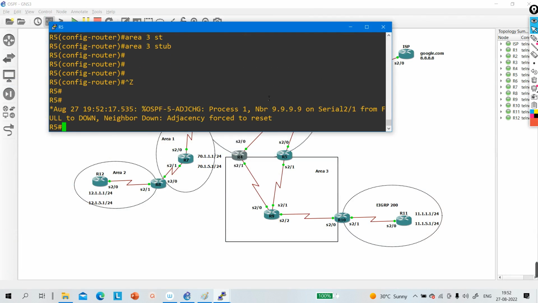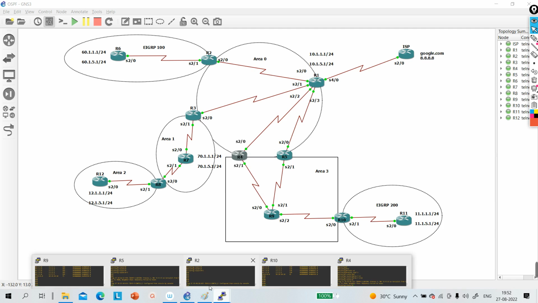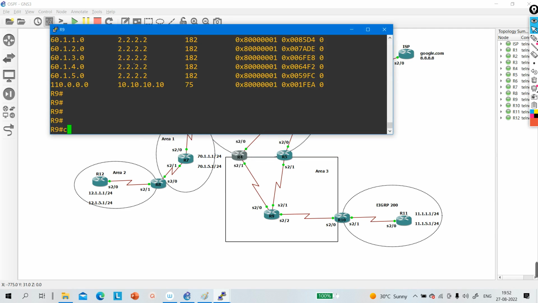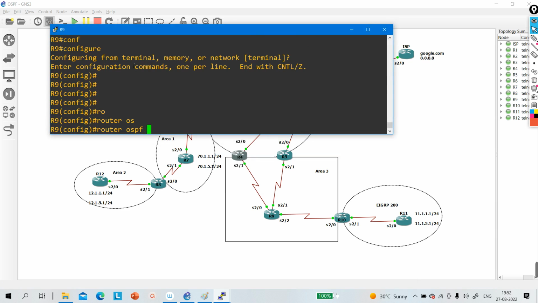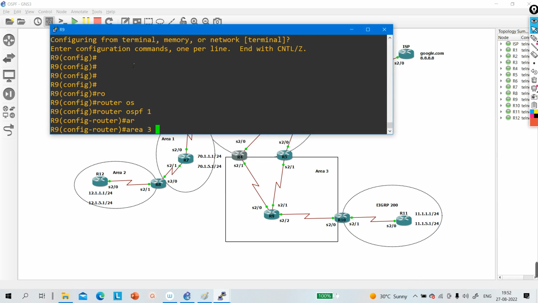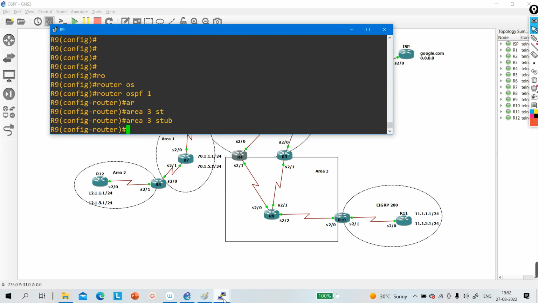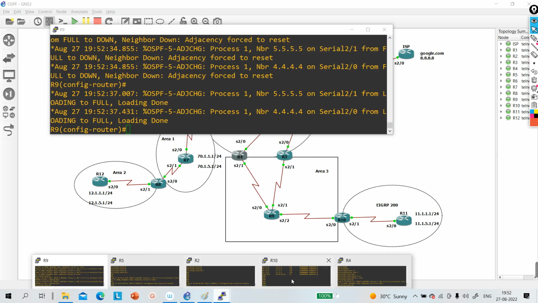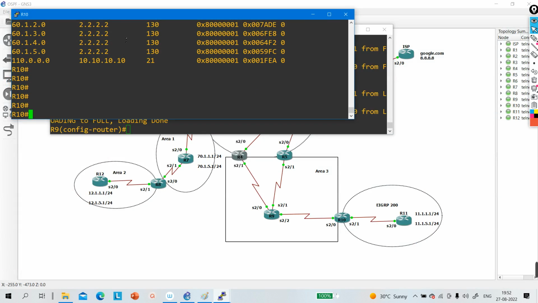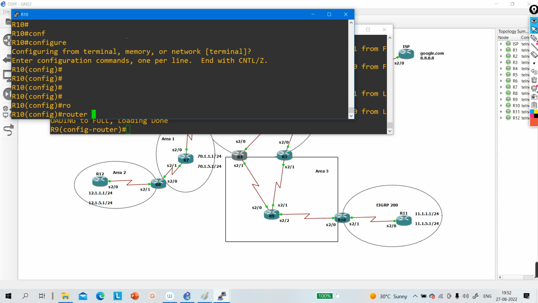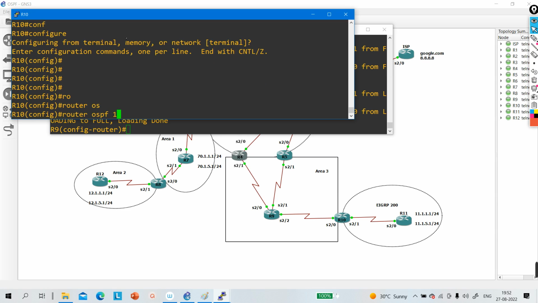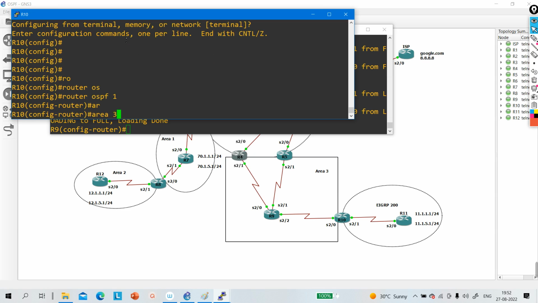In the same way I have to tell router 9 also: config t, router OSPF process ID 1, and area 3 is stub. In the same way go to router number 10 and tell router 10 also that area 3 is stub. Router OSPF process ID 1 and area 3 is stub.